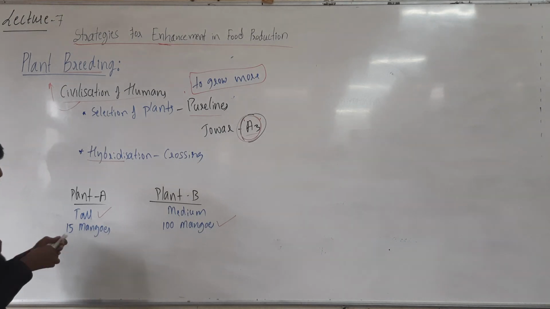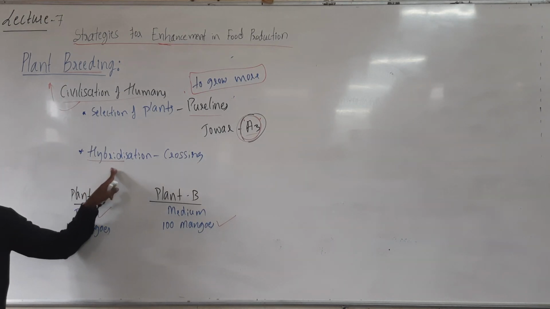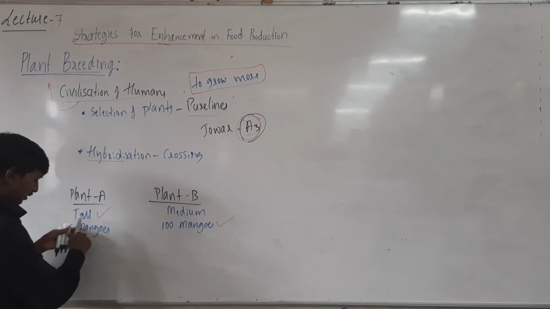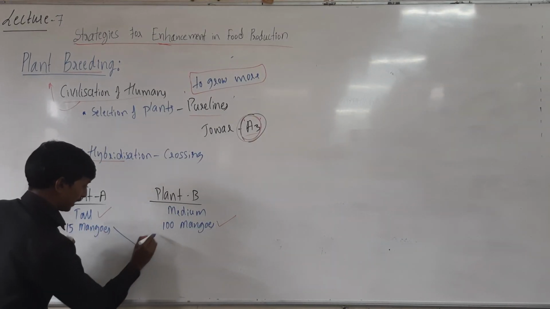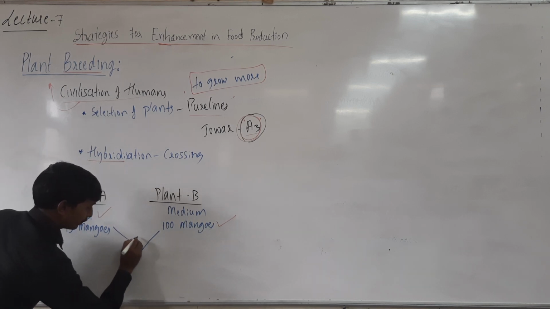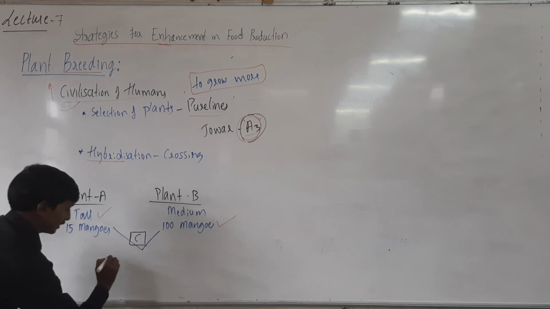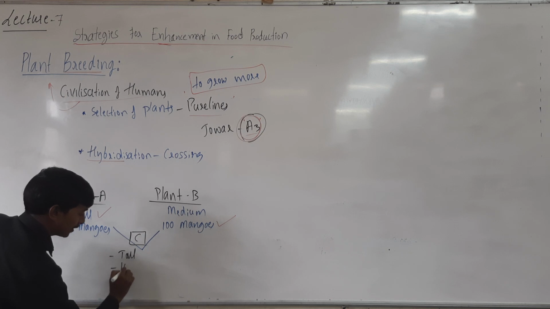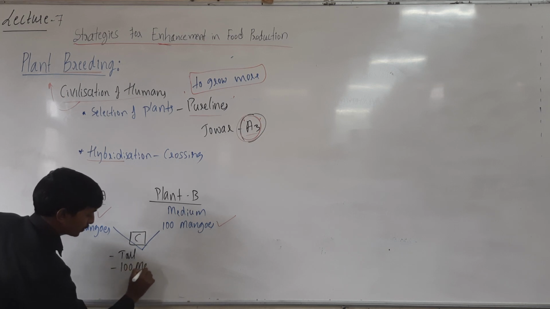Then they have to go for hybridization, crossing, cross pollination. When they cross these two plants, the variety C will have both characters: tall height as well as producing 100 mangoes per year.